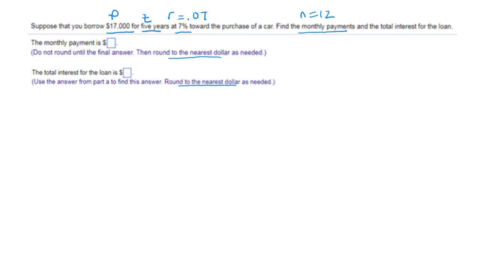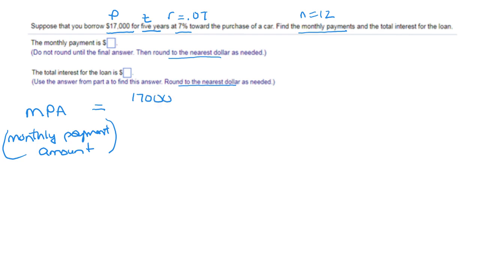So for the first part, and you'll see this a lot, they'll say MPA, that is your monthly payment amount. So that's just considered monthly payment out. The monthly payment amount is going to be set up as your principal, the $17,000 times 0.07 divided by 12.